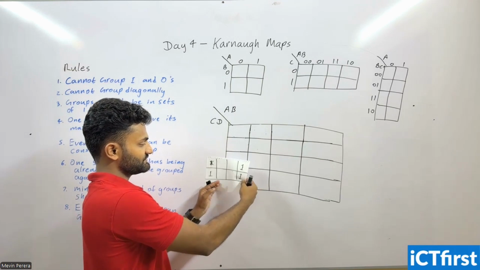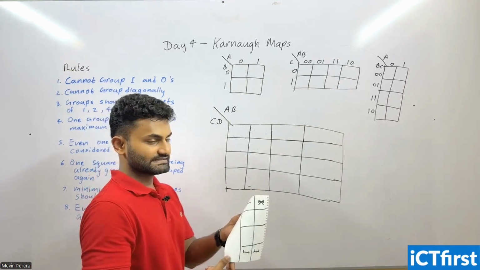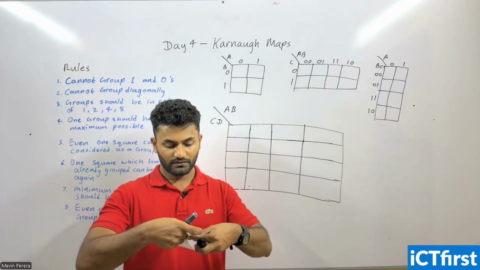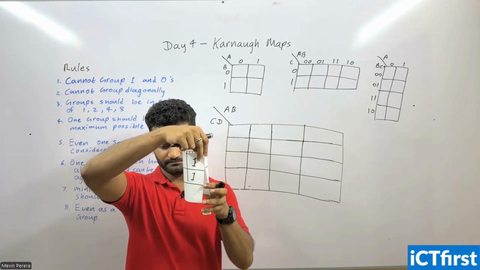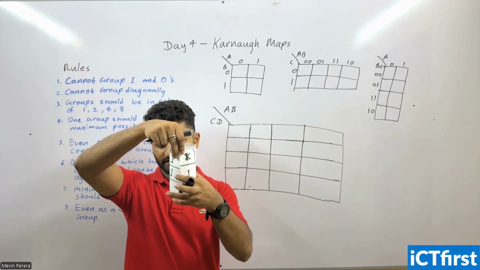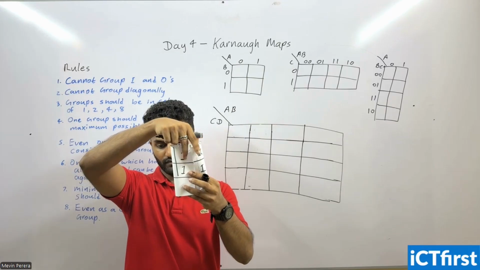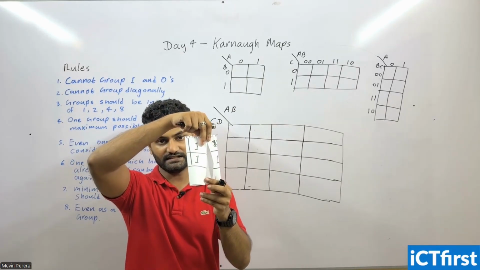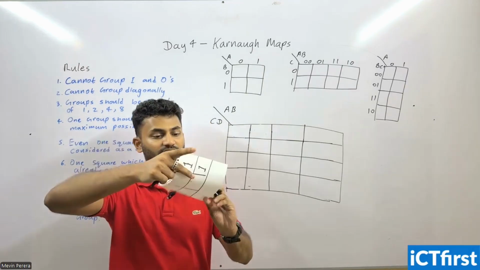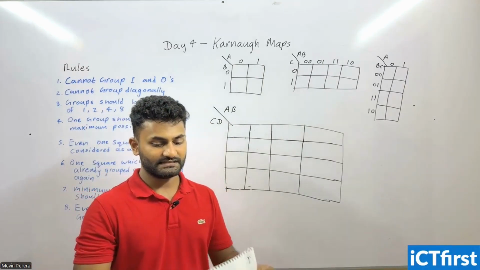But students, the cylinder example is when you turn it and make it a cylinder, you get both of them together, all four squares together. So you can make one single group out of it, right?